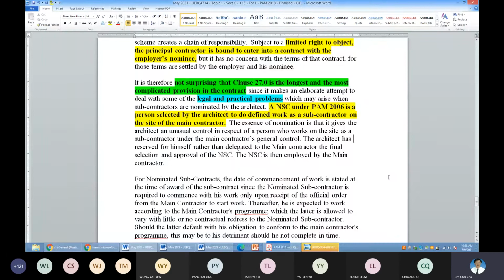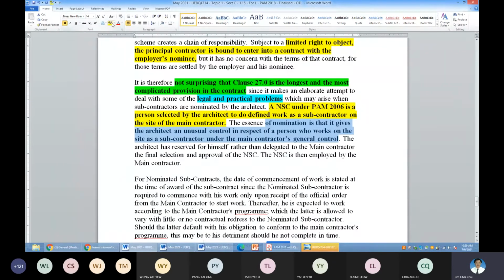Okay, so this nomination gives the architect control over the person as a nominated subcontractor, which is under the main contractor's control. Can you see how unfair the system can be? Nominate them, want to control them, even though it is under the main contractor's control. The consultants would like to get involved.